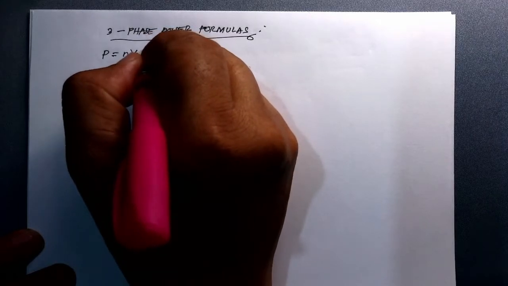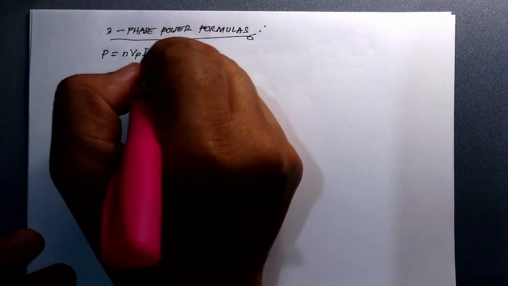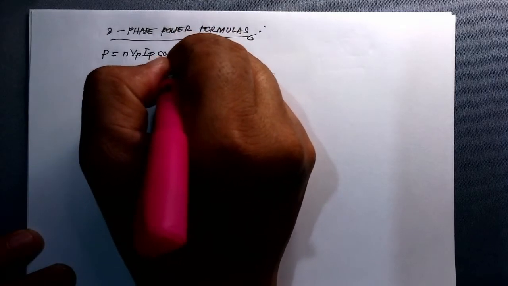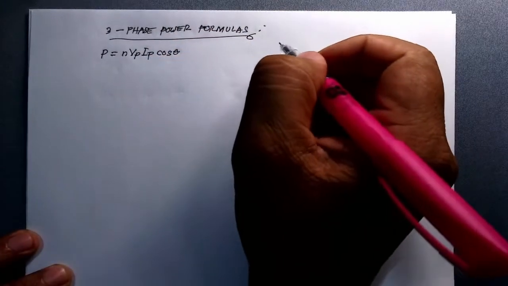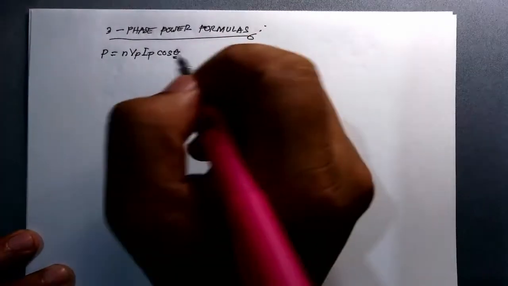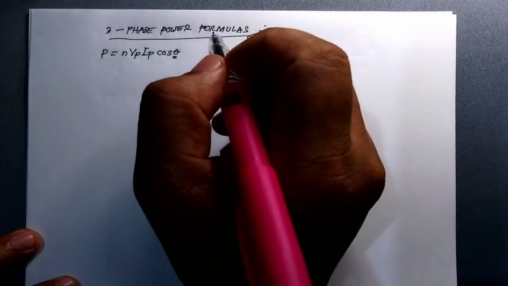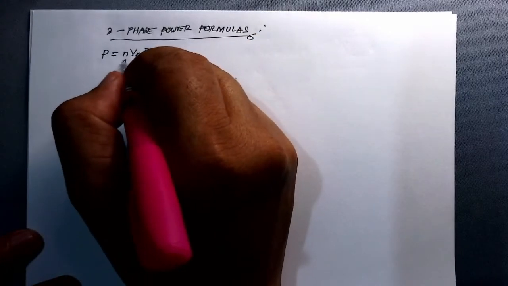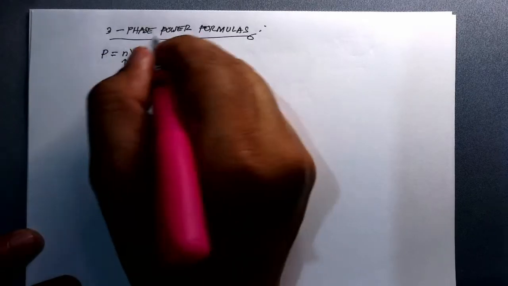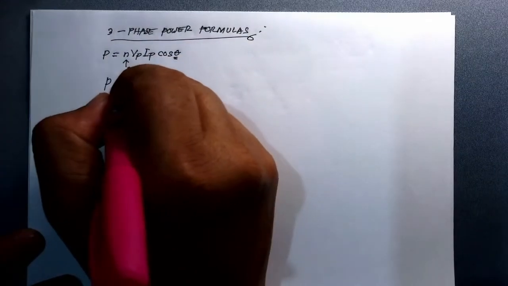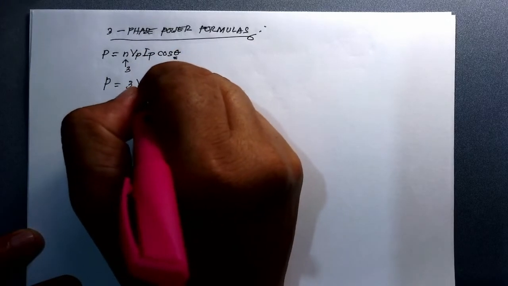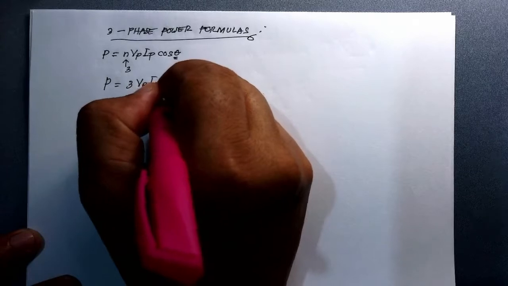I am using the phase values here, and this is multiplied by the power factor cosine theta, the power factor angle. Now we just replace N by the exact value of 3 because we are in 3 phase. So our formula becomes 3 times V phase times I phase times cosine theta.